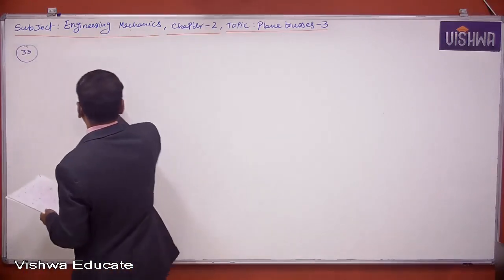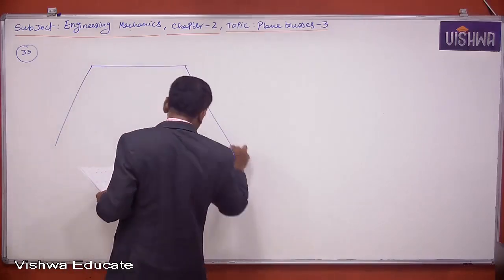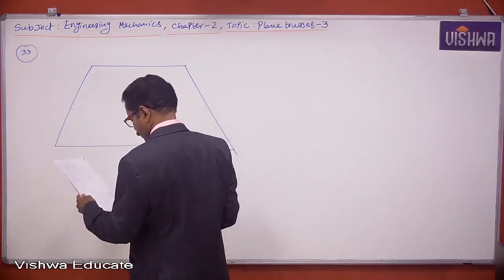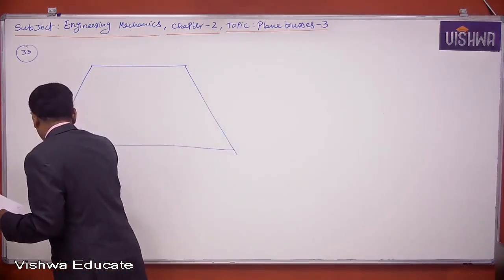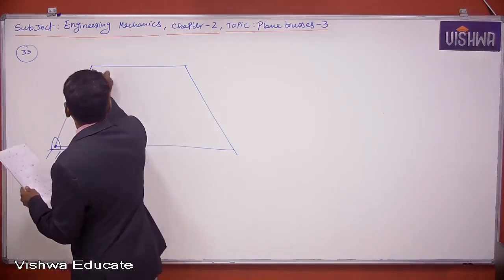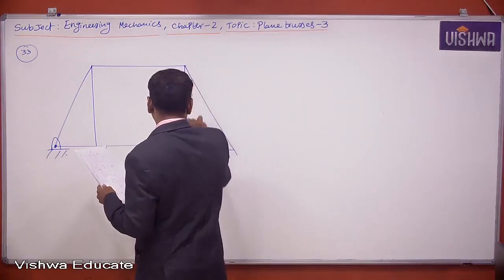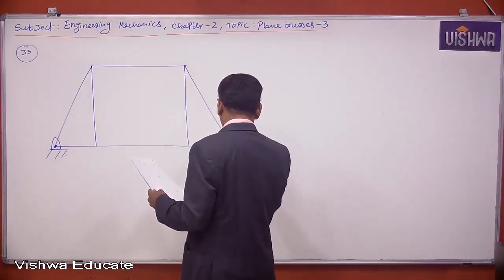So in this numerical, a plane truss is given. The left support is a hinged support. The right support is a roller support, placed on rollers.